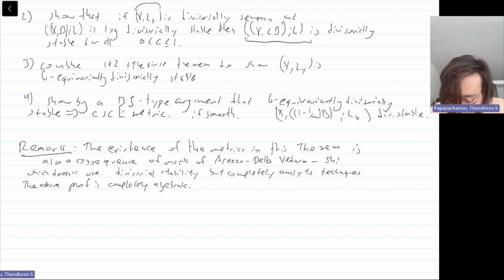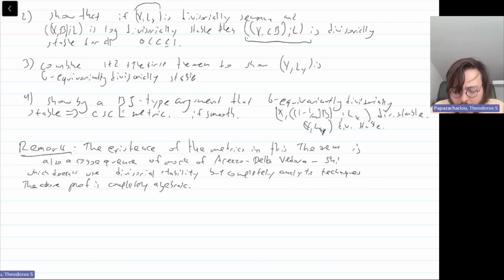I wrote it in the wrong way, but it doesn't matter. So if you apply the main theorem, then this (Y, LY) is divisorially stable. And then we use this Boucksom-Jonsson argument, where they showed essentially that something being divisorially stable implies the existence of cscK metrics. We use this argument to show that G-equivariant divisorial stability will also imply the cscK metric if we have something being smooth, and we prove the main theorem essentially.